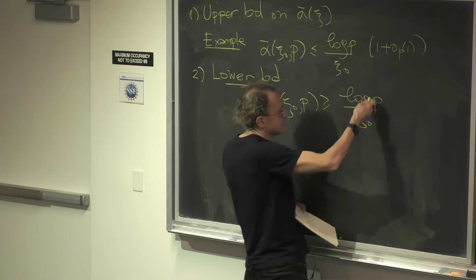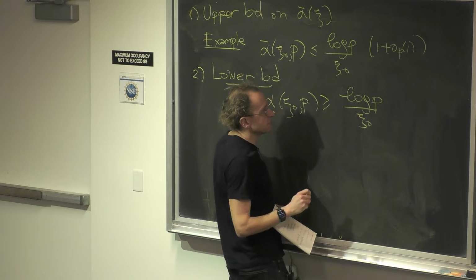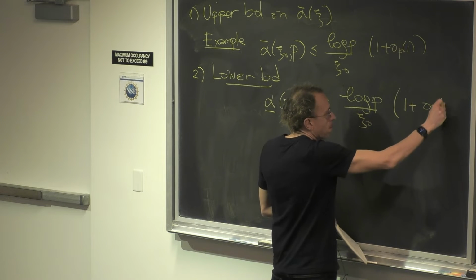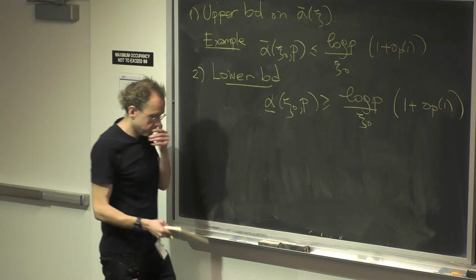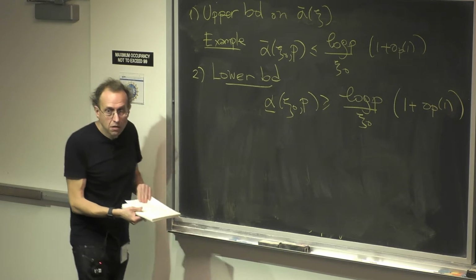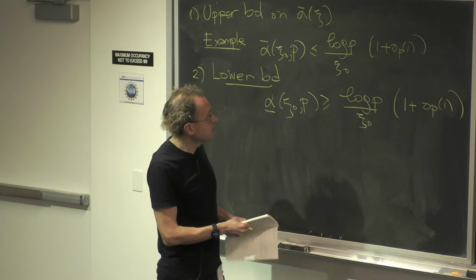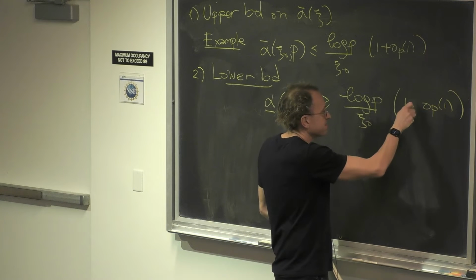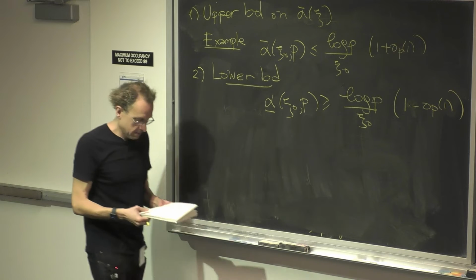So here I'm assuming that xi 0 is bigger than log p. This o(p) term can be positive or negative, if you like.